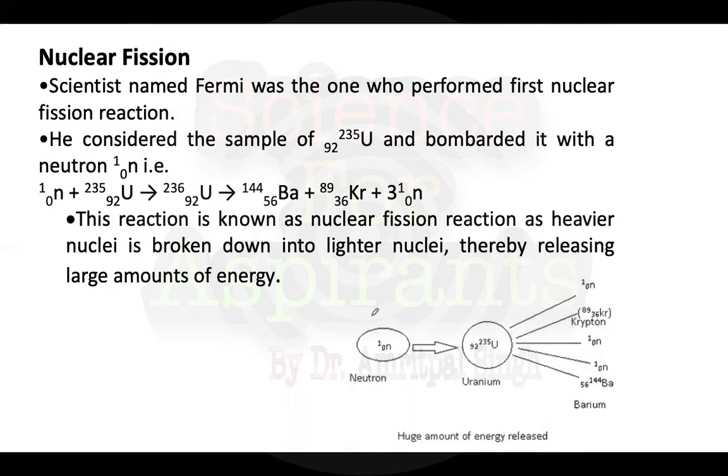Now, nuclear fission. This is a very important type of nuclear reaction, which has quite a potential application for 21st century energy production. There are a number of laboratories, like the Rutherford Appleton Laboratory near Oxford University, one in DESY in Germany, and one at Lawrence Livermore in the United States of America.